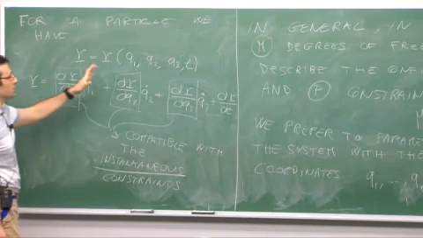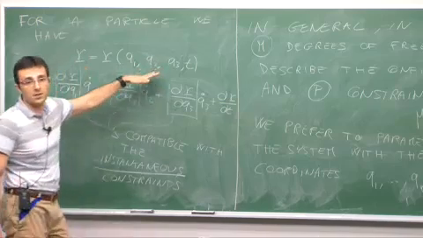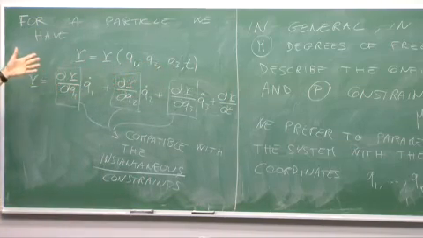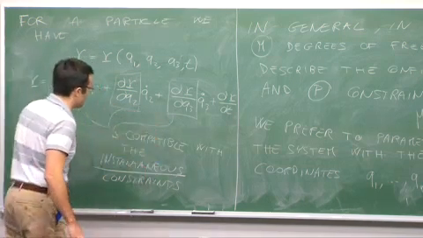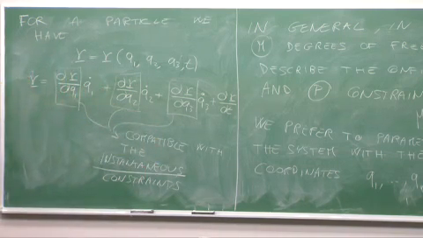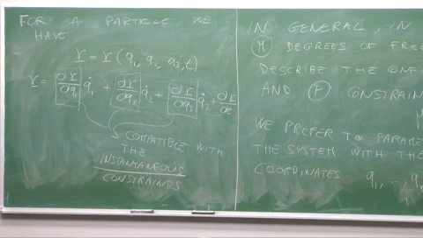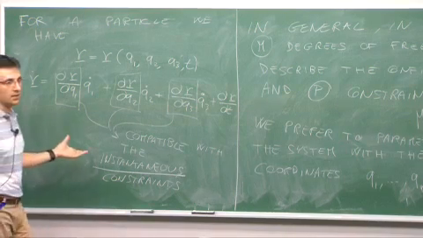Well, this is in general. For a particle, you can't have more than 3, of course. Otherwise, it would be overdetermined. These partials are giving you the motion that you can have being compatible with the instantaneous constraint, meaning that you're freezing time.